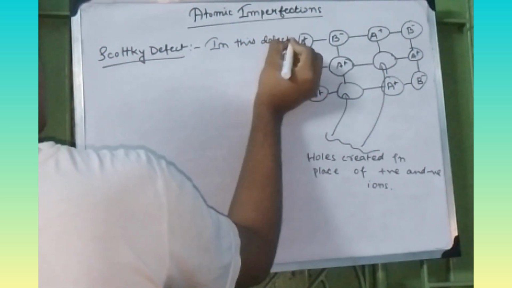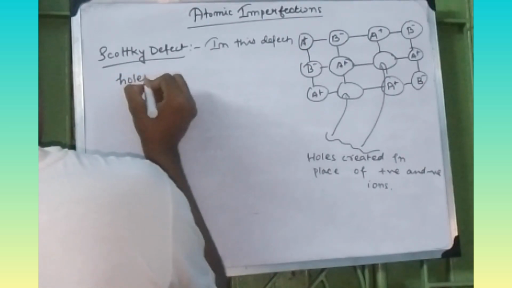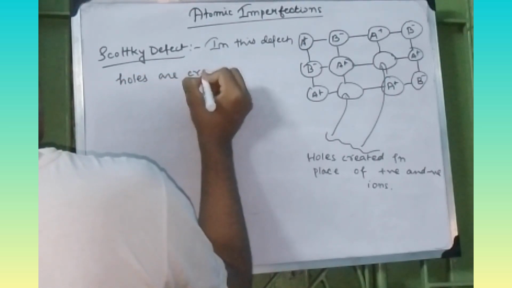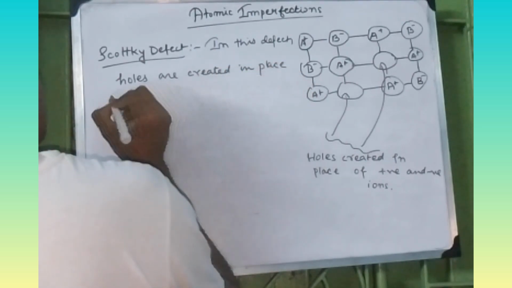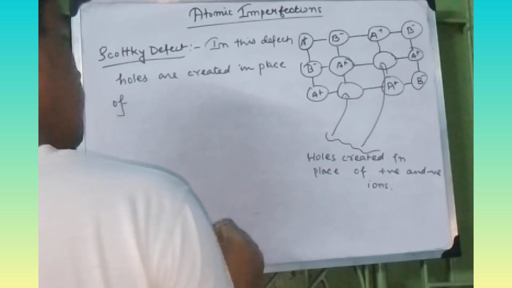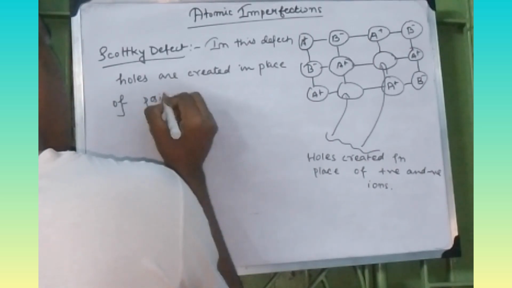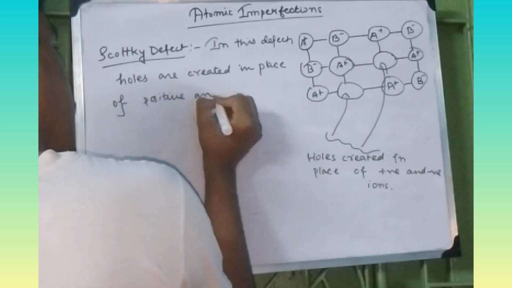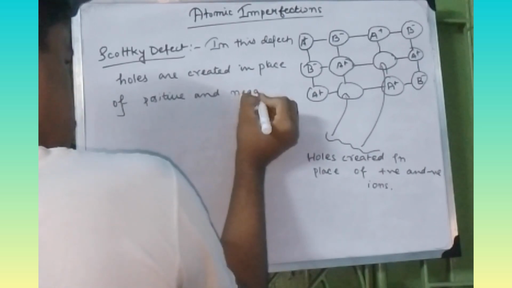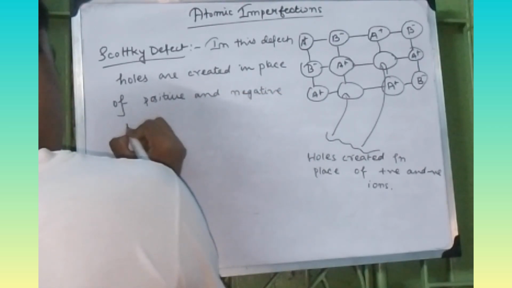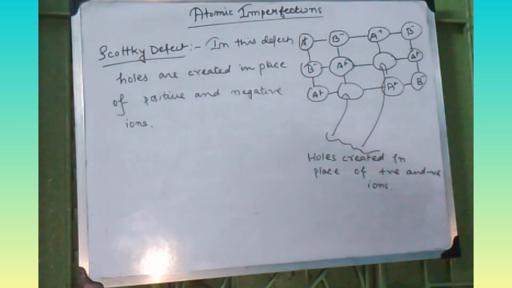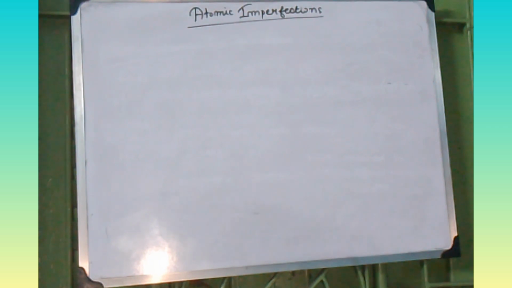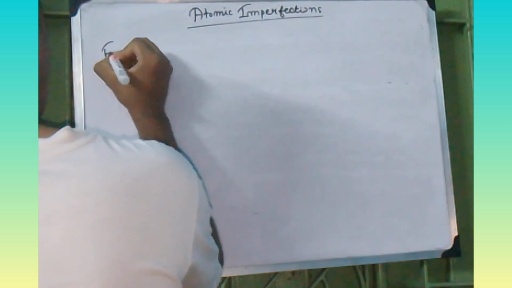Basically, in this defect, holes will be created in place of positive and negative charges. To understand this more briefly, I will demonstrate with an example.